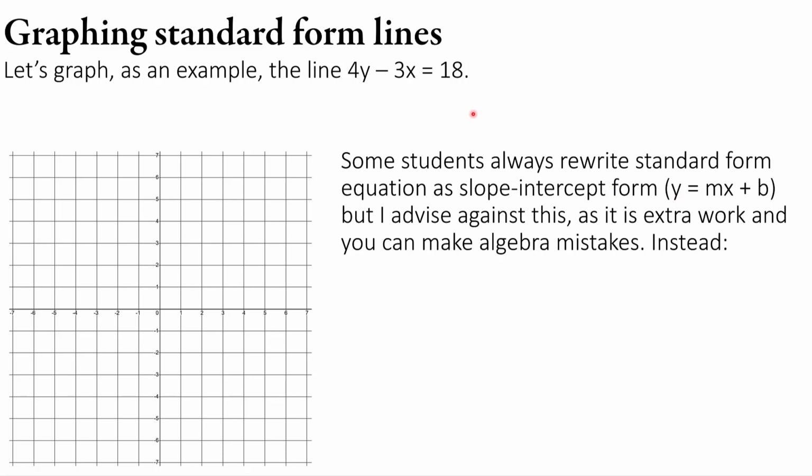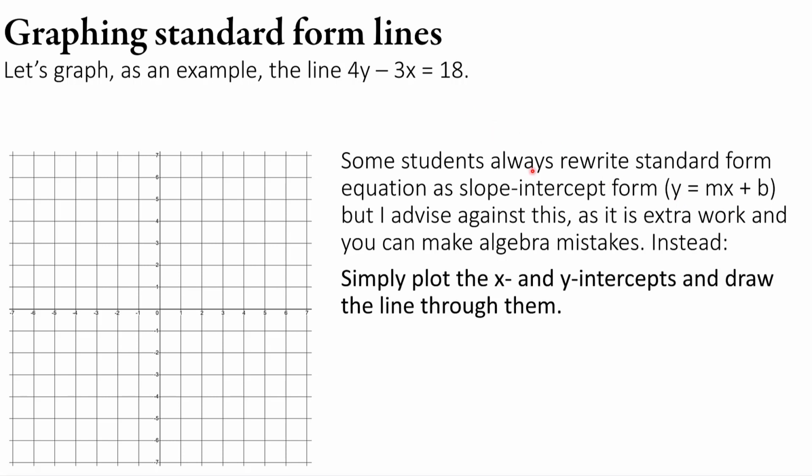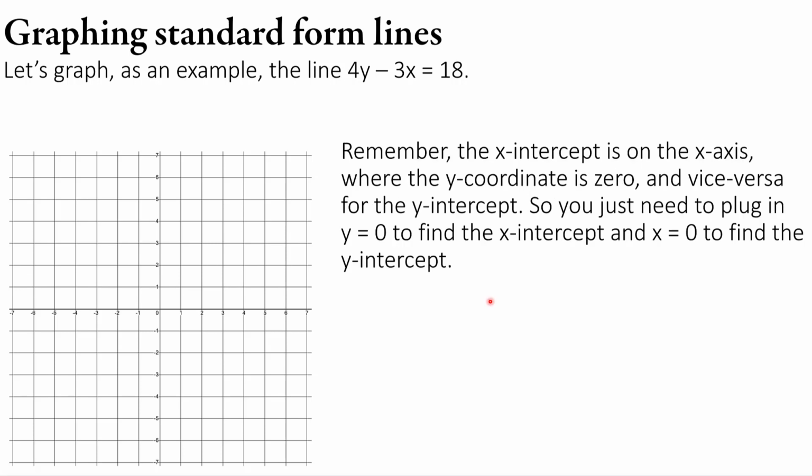Instead, what I suggest you do is just plot the x and y intercepts and draw the line through them. After all, we only need 2 points to draw a line if we're confident that we have those 2 points plotted correctly. So remember, the x-intercept is on the x-axis, and for any point on the x-axis, y is going to be 0.